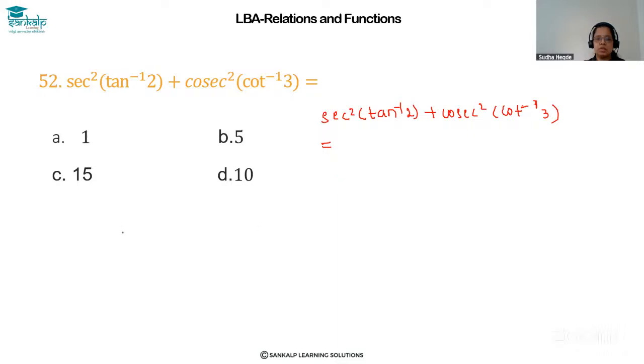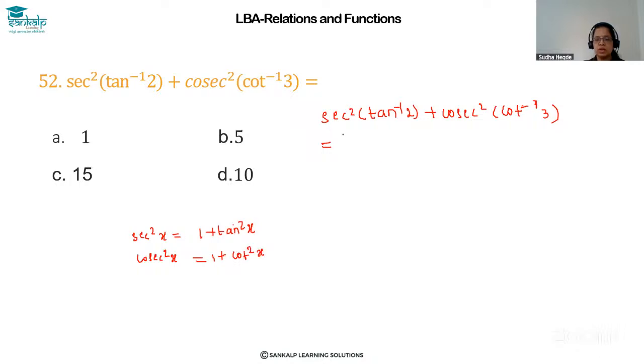so we have the result secant square x is equal to 1 plus tan square x and cosecant square x is equal to 1 plus cot square x.